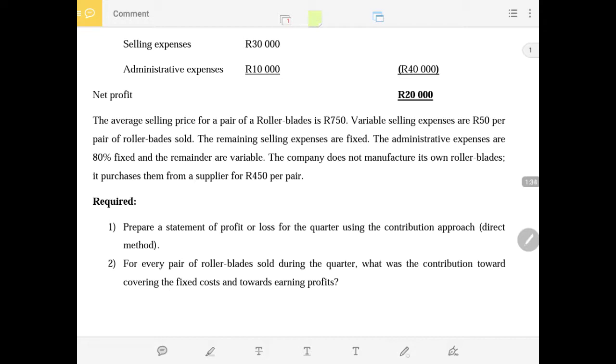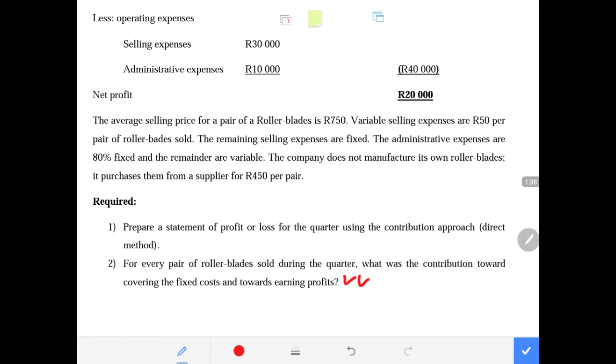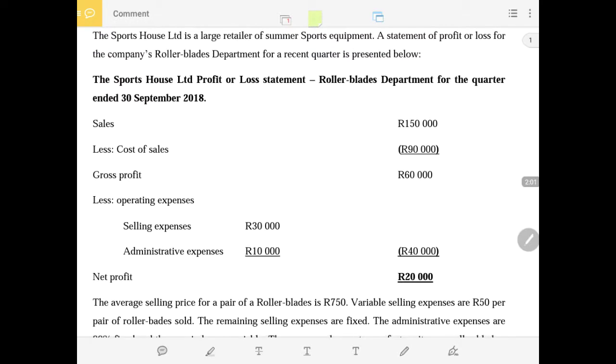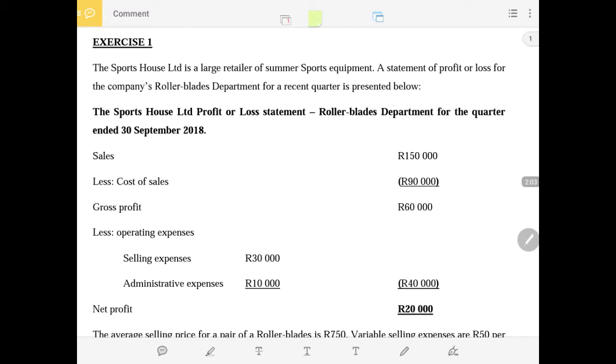Now I will explain one critical thing when it comes to the calculation of the contribution to the fixed cost, because this is the portion that contributes to cover fixed cost, and how this links with the calculation of the break-even point in units.